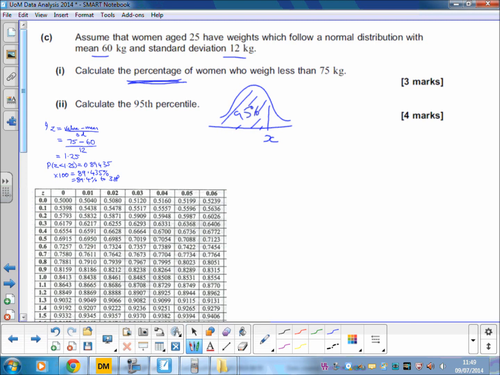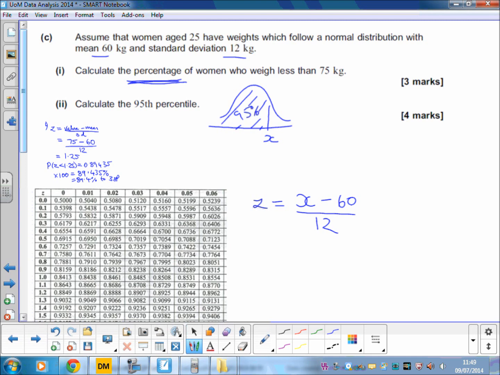So here, first of all, we're going to put all the numbers we know in our equation. So Z is the X value we're trying to find minus the mean divided by the standard deviation. Now what we've got to do is find out what Z value is the same as the 95% below, so 0.95.